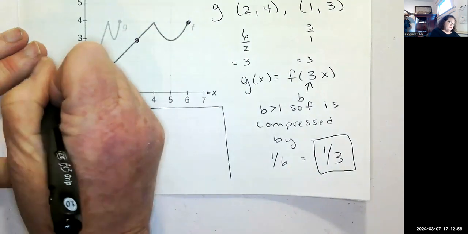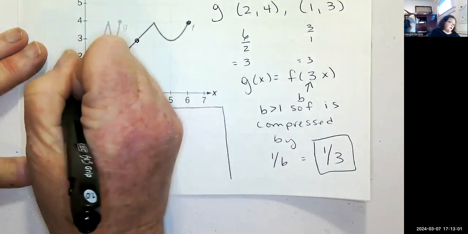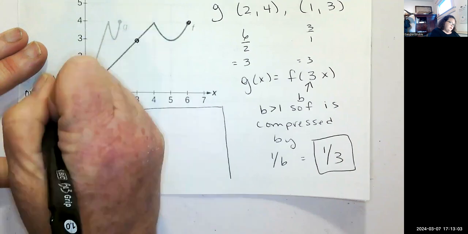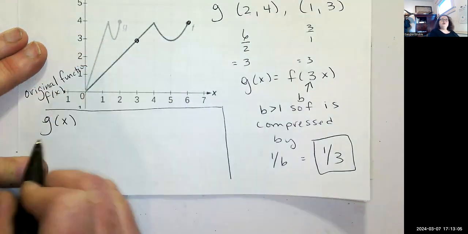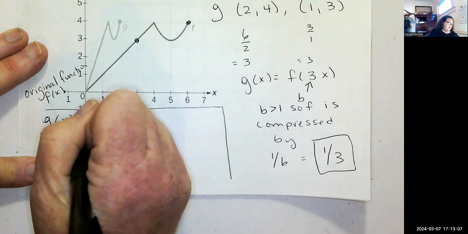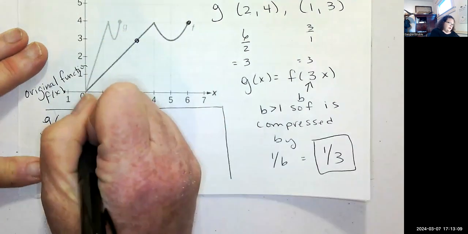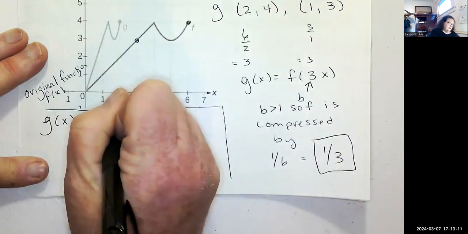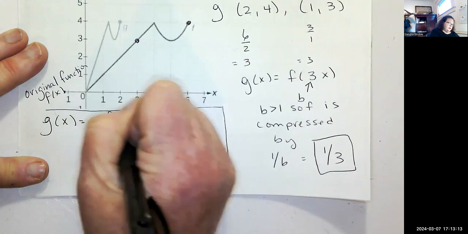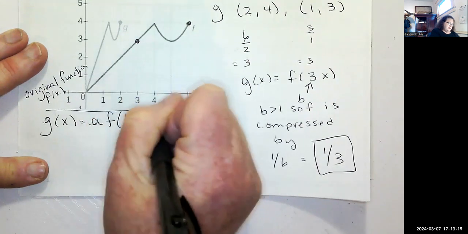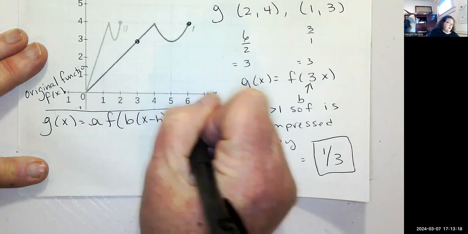This is a whole new problem I've not talked to y'all about. Original function F would be f of x, so my transformation is going to be g of x. And g of x, I'm going to talk about each one of these: a times f of b(x minus h) plus k.